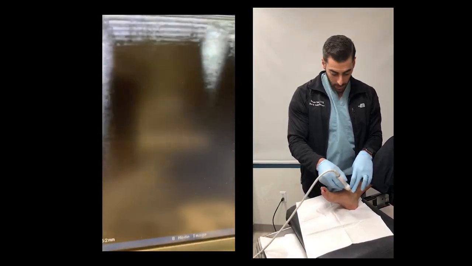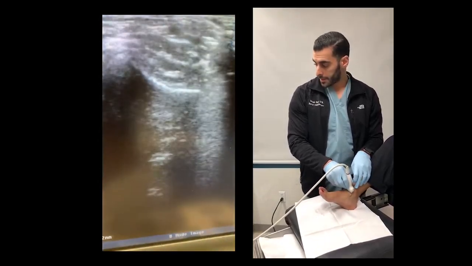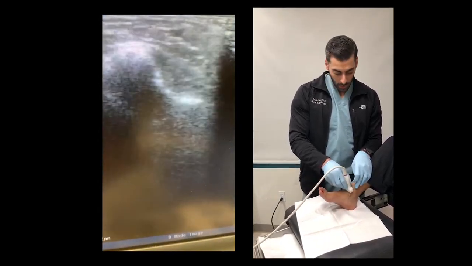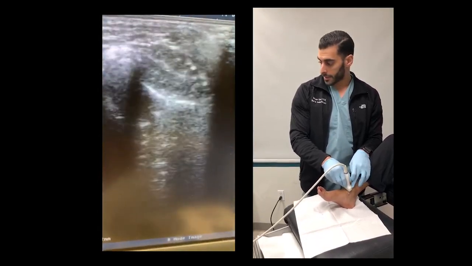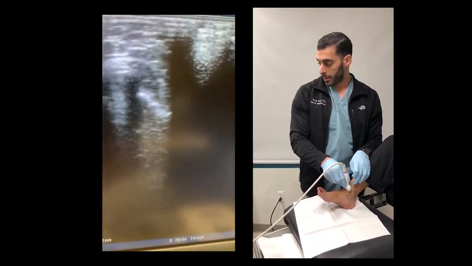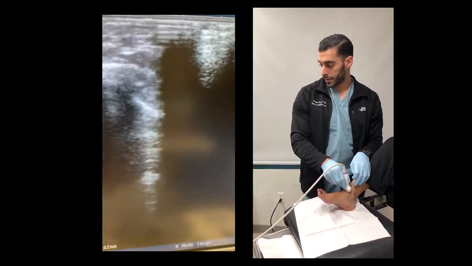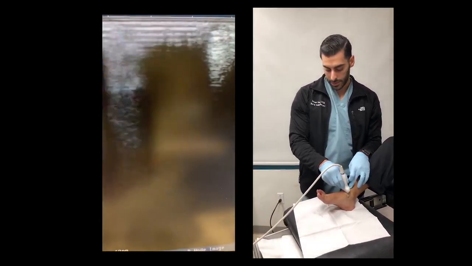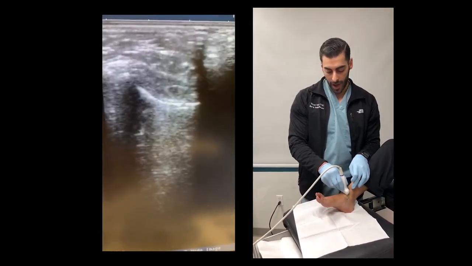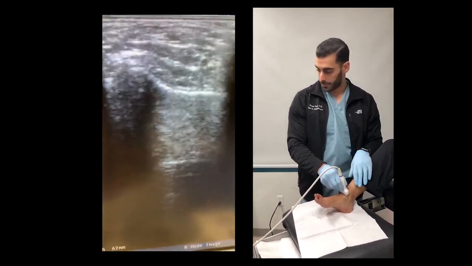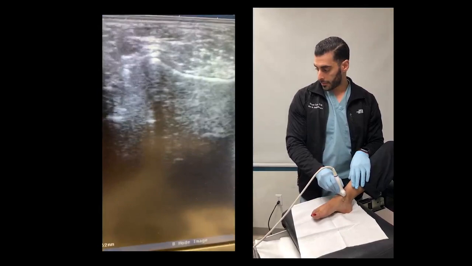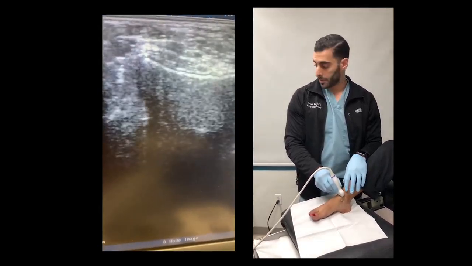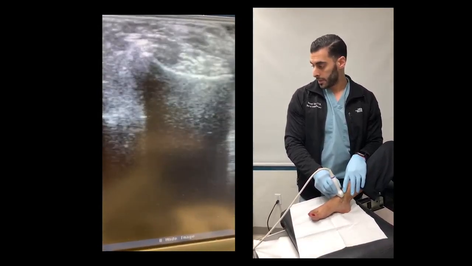What that will do is it will fire the tibialis anterior, and when I place my probe, I can see exactly where the tibialis anterior is. And I can see the probe is only identifying where the tibialis anterior is. And then now when I have the patient plantar flex the foot again, I get everything into full view and I know exactly where my tibialis anterior tendon was.